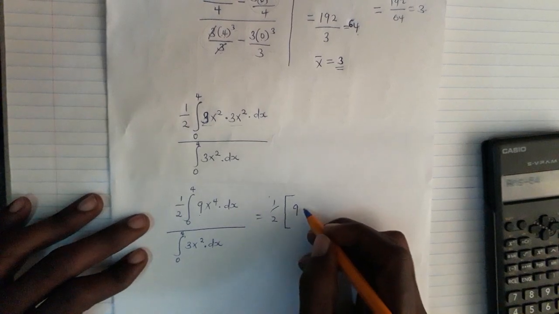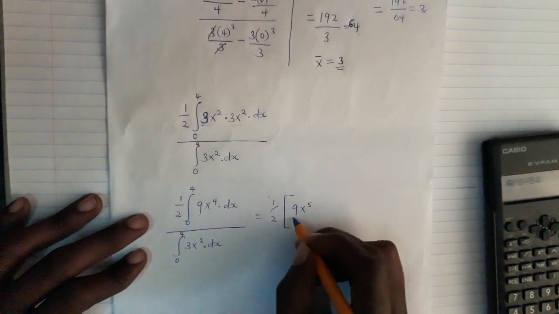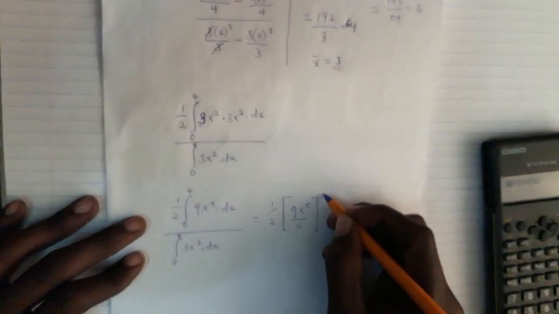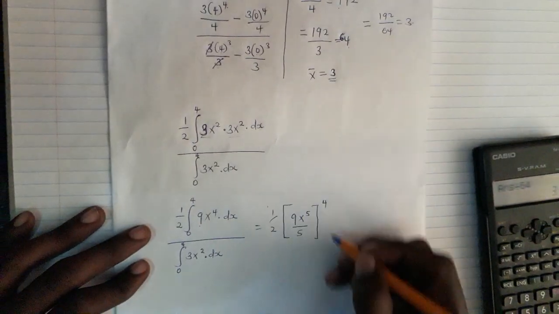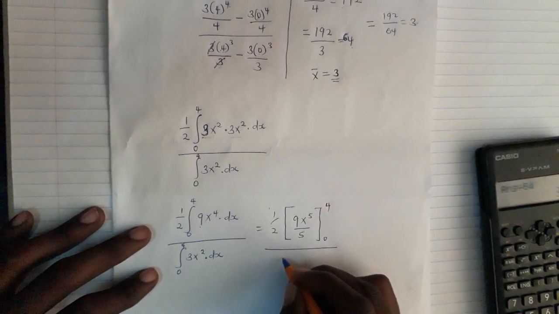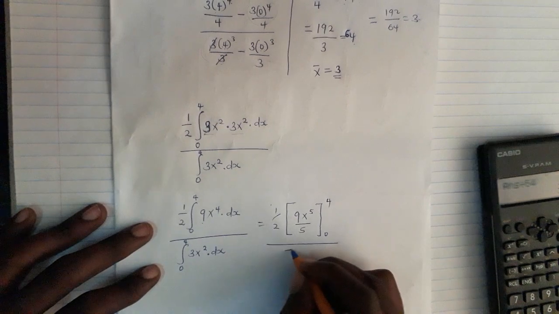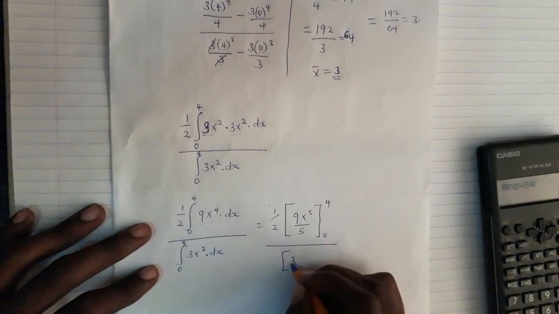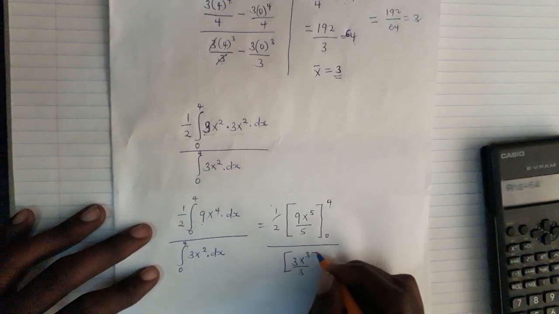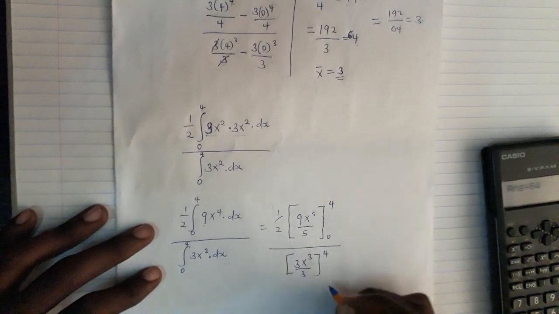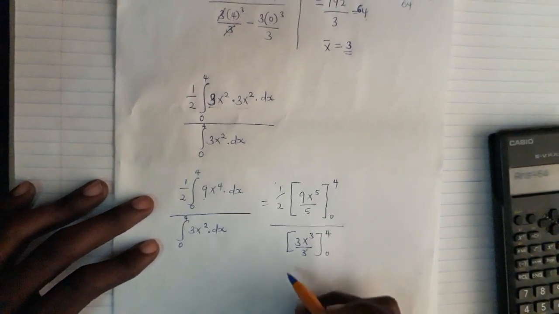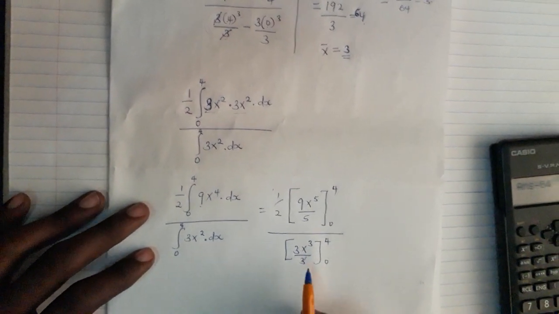It is going to be 9x power 5 all over 5, and then we have our limits 4 and 0, and then over the integration of 3x squared. So we're going to have 3x power 3 over 3. Then we have our limits, which is 4, 0. But we can cancel out this one, so we're going to remain with x power 3.